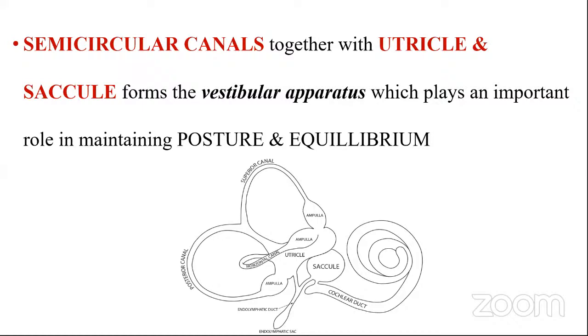So you can see the openings of three ampullae, that is, the superior, posterior, and horizontal semicircular canals are connected to the utricle through ampulla. And you can see the utricle and saccule.